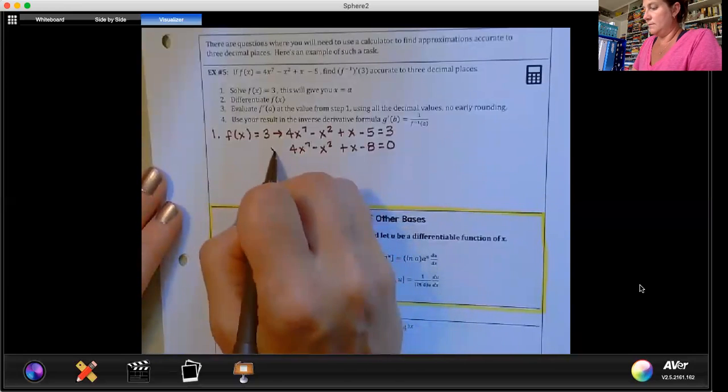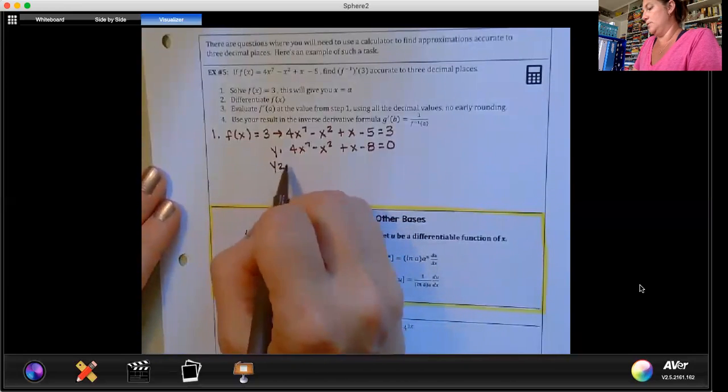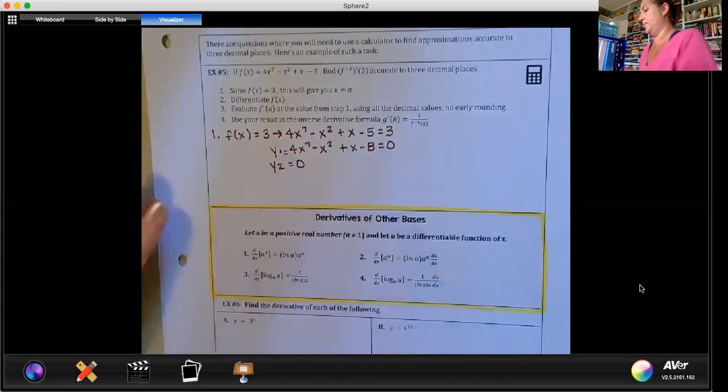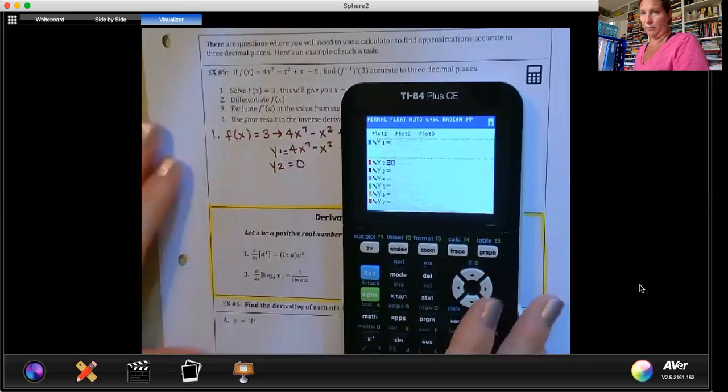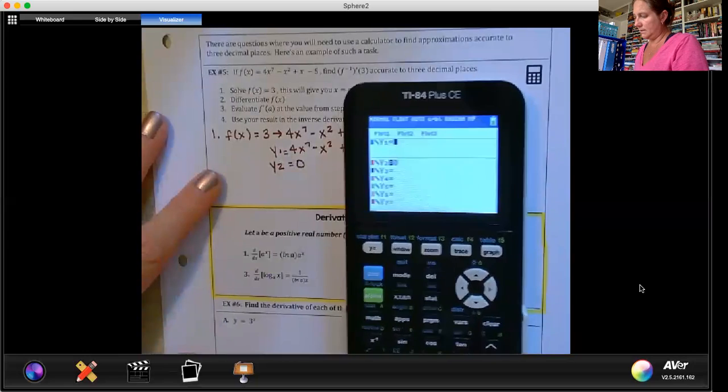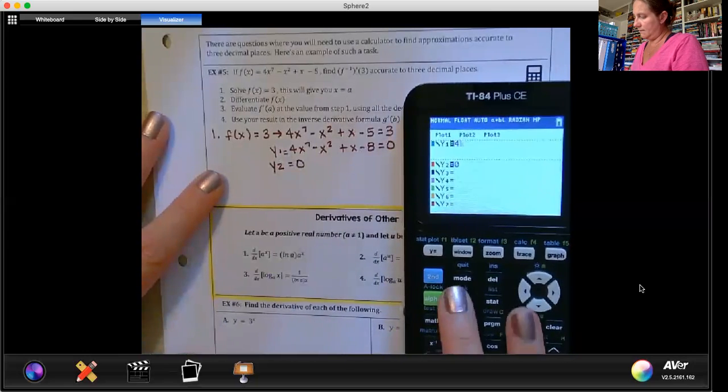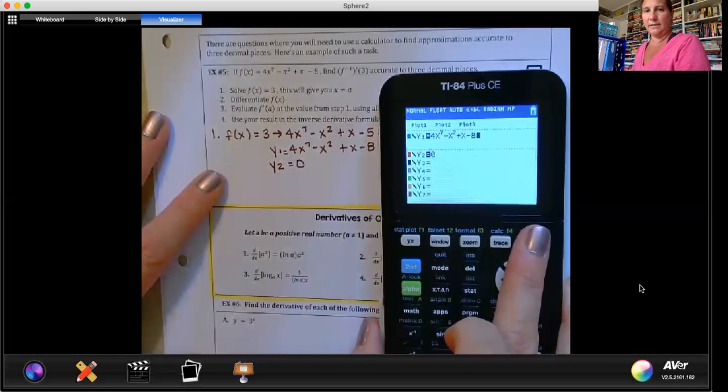That is going to be y sub 1, and y sub 2 is going to be 0. Because what we're going to do is trace that intersection to find our x value. Remember, no rounding until the very end.